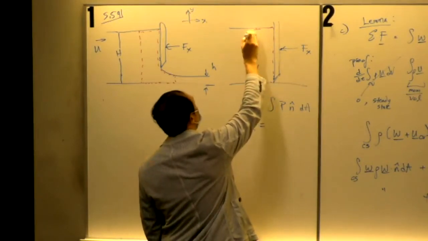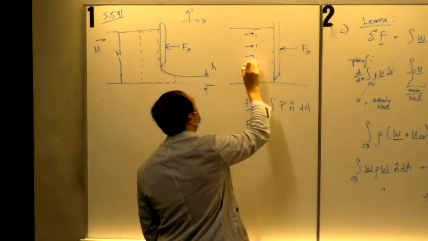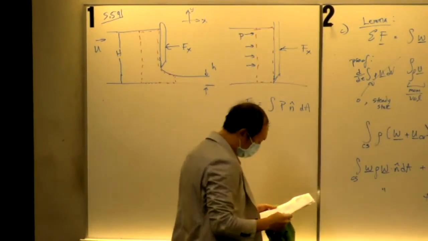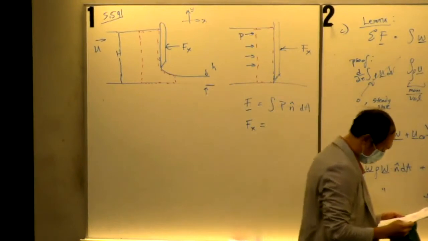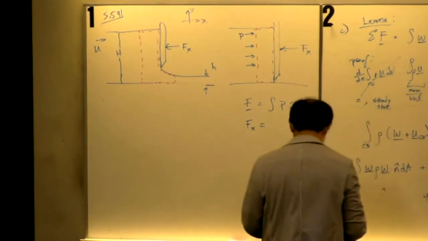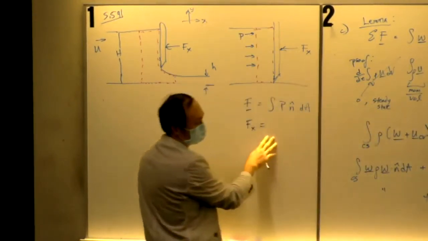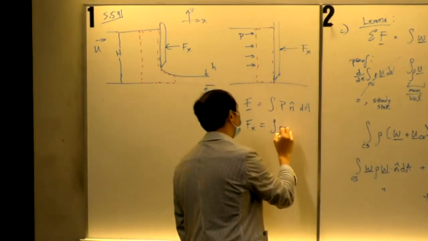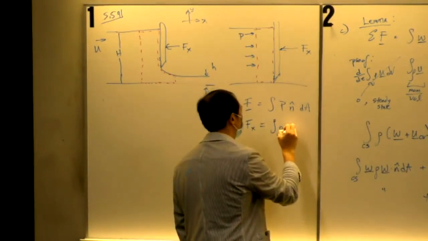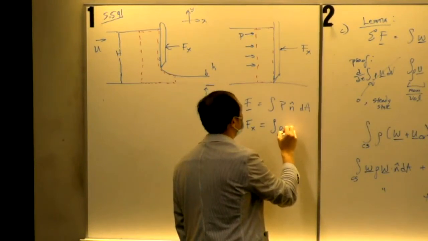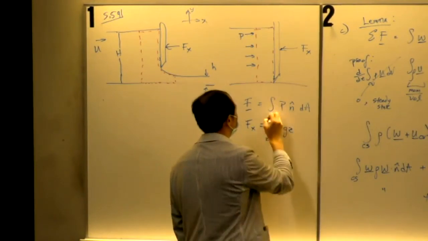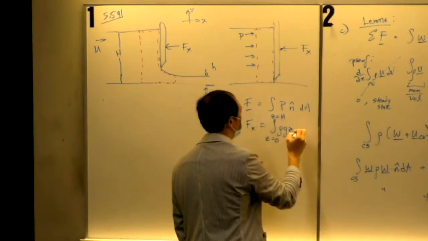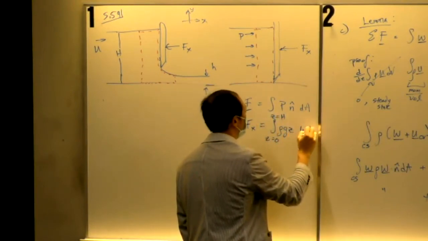And the other thing, when it's closed, you have no fluid velocities. So you definitely want to do the right-hand side first. This is the easier one. So rho g z, from z equal to 0 to z equal to capital H, rho g z W dz.